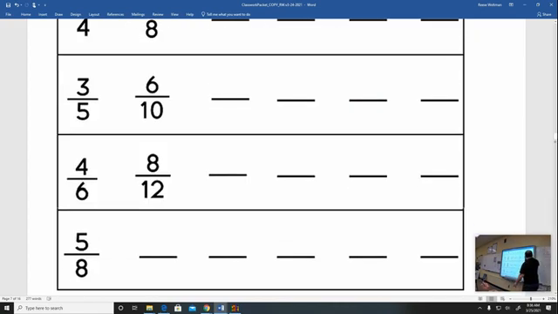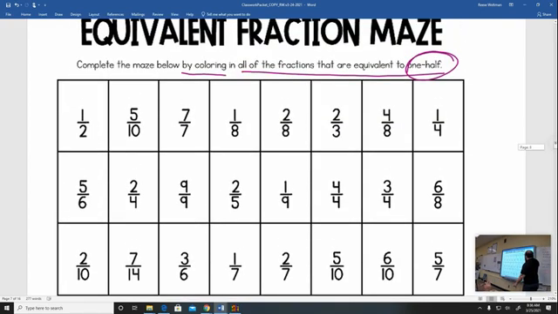So when you get down to this right here, you are looking for fractions that are equivalent to 1/2. So you're going to be coloring in any of the fractions that are equivalent to 1/2. Remember, you're looking for the numerator, the top number, to be half of the denominator, the bottom number.